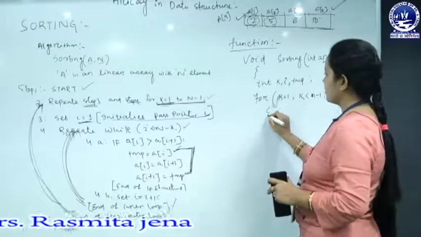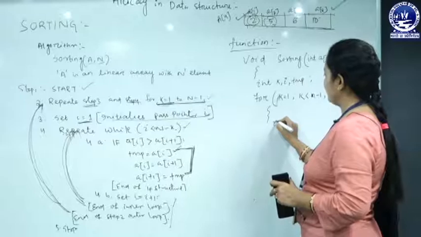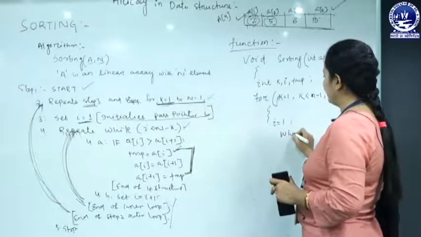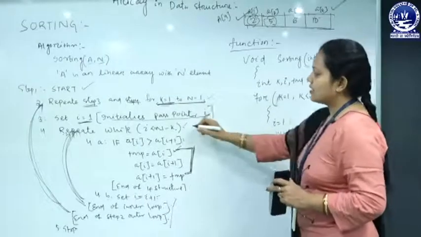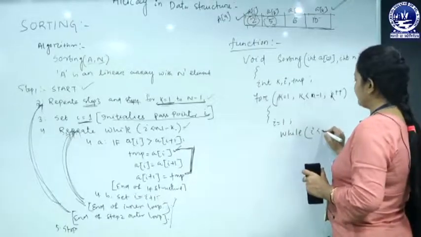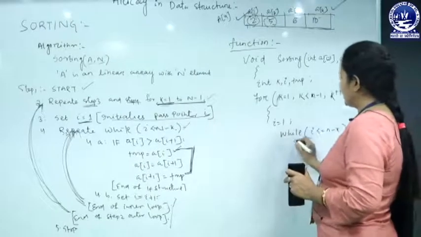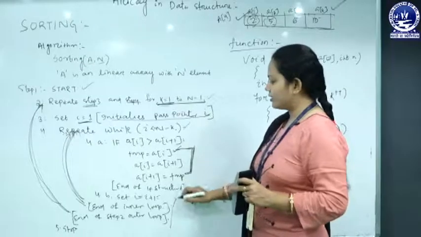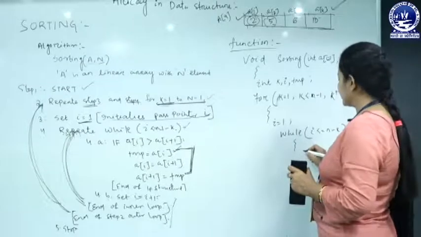Then in the outer loop, initialize the variable I equals 1 and take a while loop for executing the passes, while I is less than or equal to n minus k. Inside the while loop we will execute one if block and then increment the counter variable for the pass.